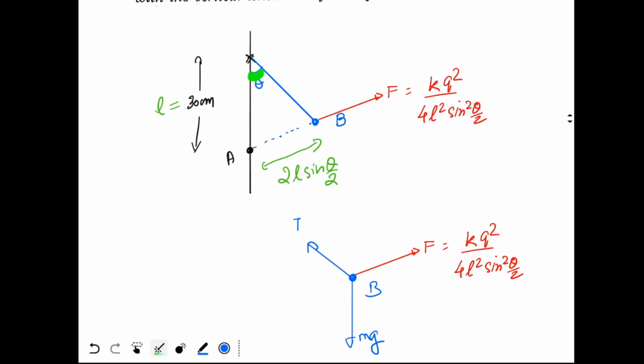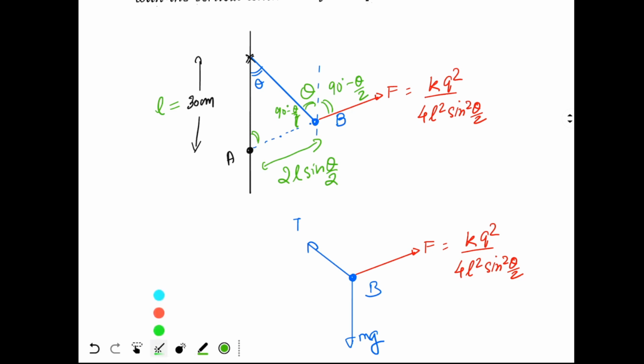So this is theta. That means if I drop a vertical over here, this will also be theta. This angle is how much? This is isosceles triangle, so this angle will be 90 degree minus theta by 2. So this angle will also be 90 degree minus theta by 2. This angle is also 90 degree minus theta by 2.